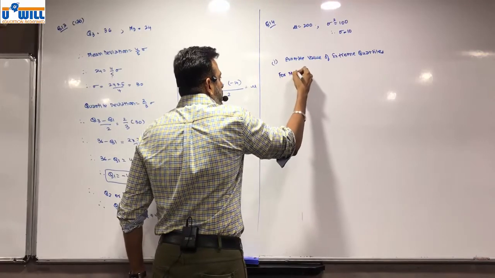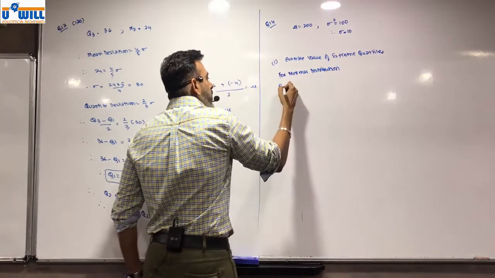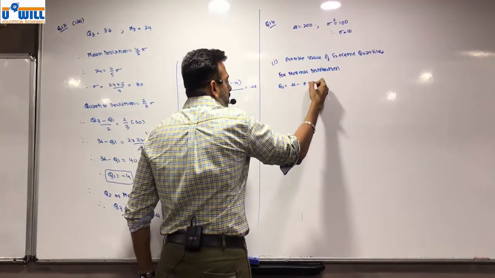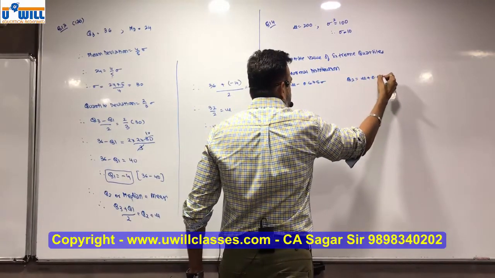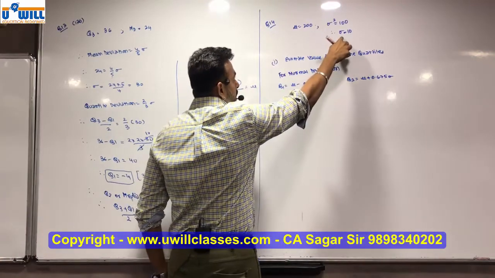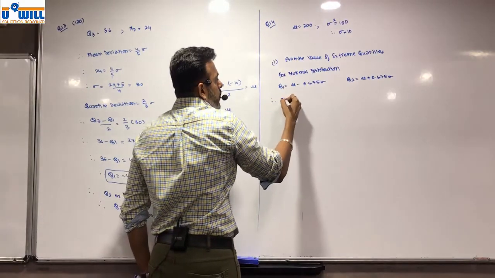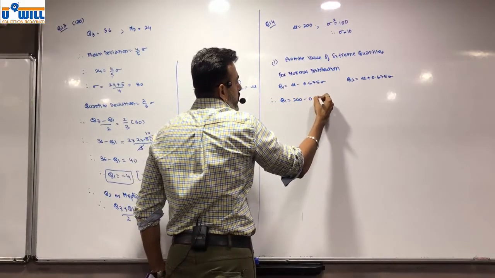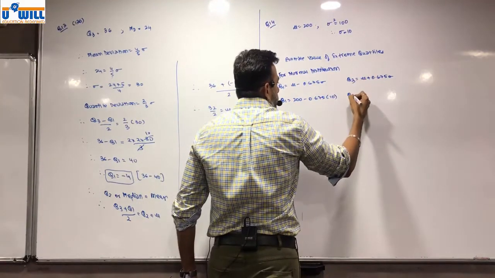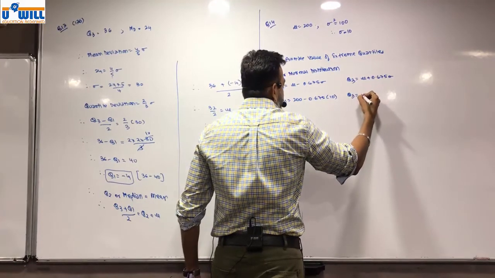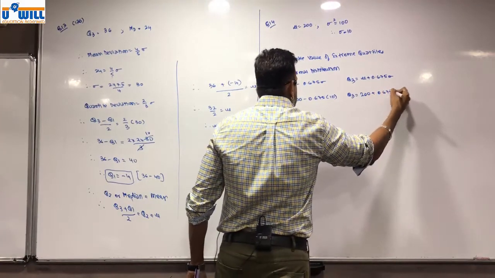For normal distribution, Q1 is equal to mu minus 0.675 sigma and Q3 is equal to mu plus 0.675 sigma. We already have the value of sigma. We already have the value of mu. Therefore, Q1 is equal to 200 minus 0.675 into 10, and Q3 is equal to 200 plus 0.675 into 10.